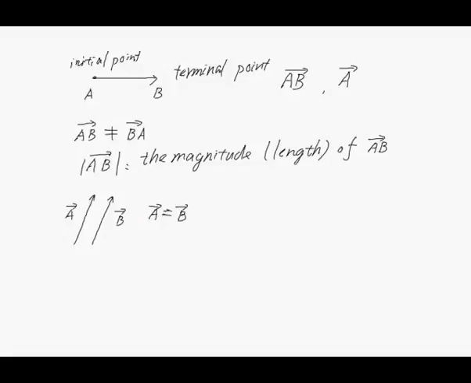And we have a special vector called the zero vector. The notation for the zero vector is an arrow over the zero.